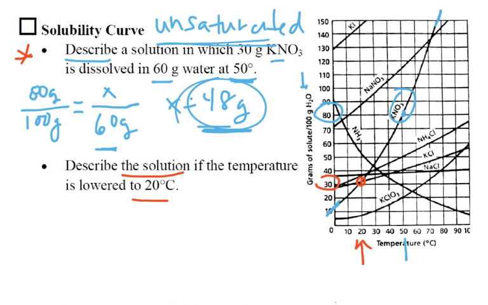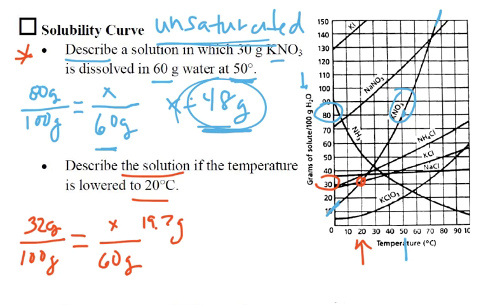So again, we'll do our same proportion. If 32 grams of KNO3 will completely saturate 100 grams of water, then how much would saturate 60 grams of water? So we have to do our calculation. When I calculate that, I get 19.2 grams.